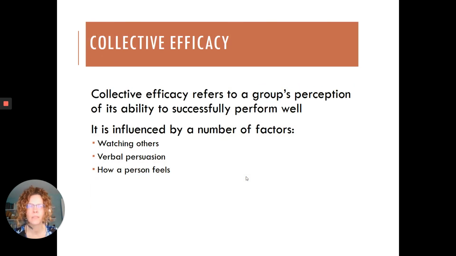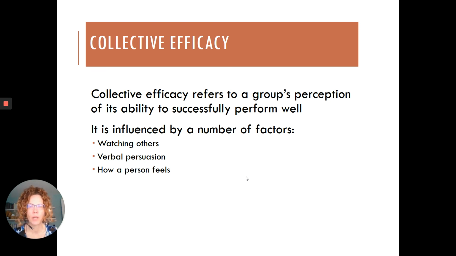The final topic in this section, collective efficacy. We talked earlier in the term about self-efficacy. That's that task-specific self-confidence. Well, this is simply the group's perception of its group ability to perform well. Do we see ourselves as a winning team? Are we the best? What influences this perception?